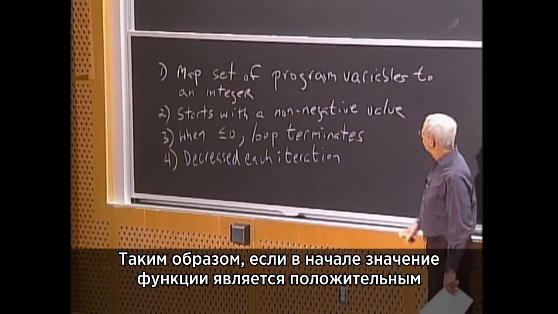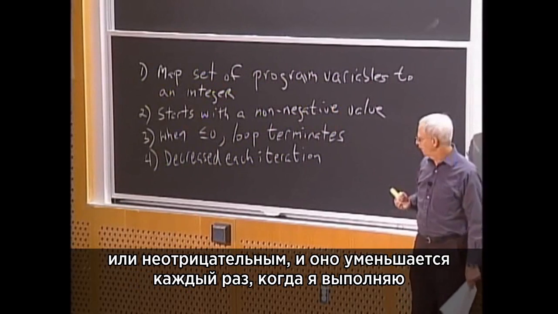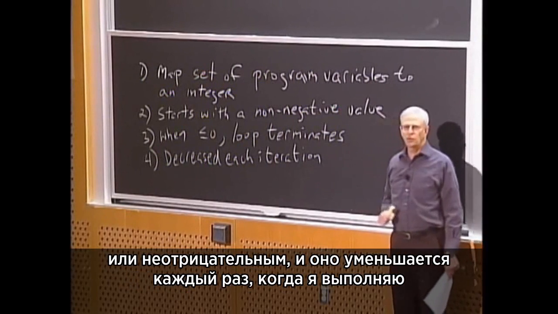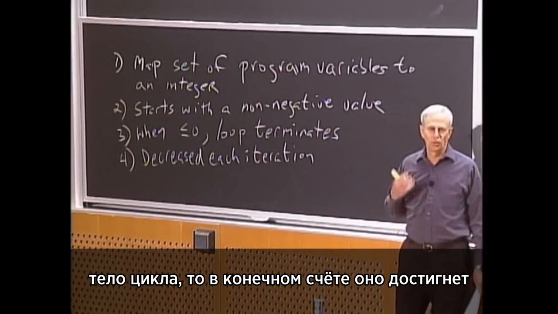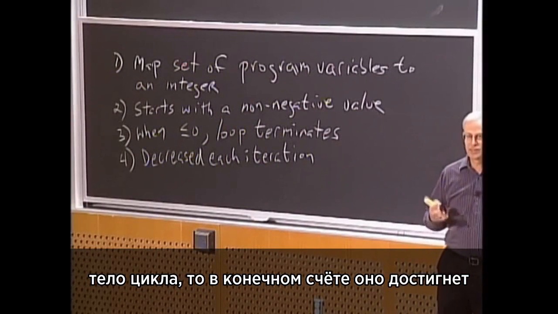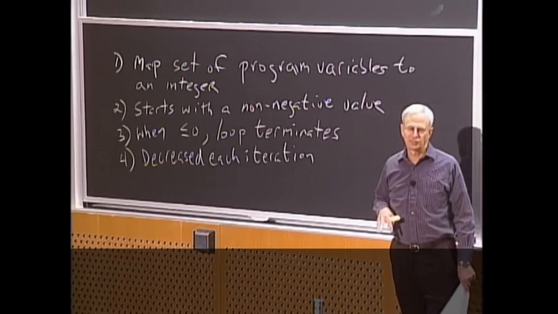So what we see is if it starts to be a positive value, or non-negative, and it's decreased every time I execute the body of the loop, that eventually it's got to reach 0, or something less than 0, and when it does, the loop stops.